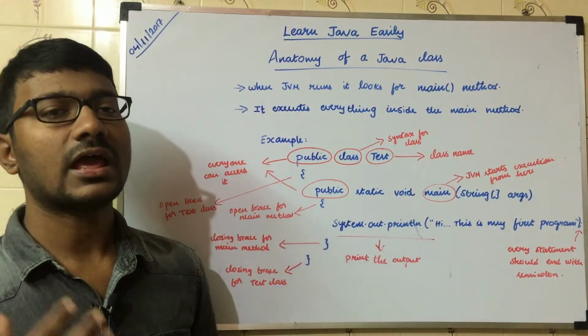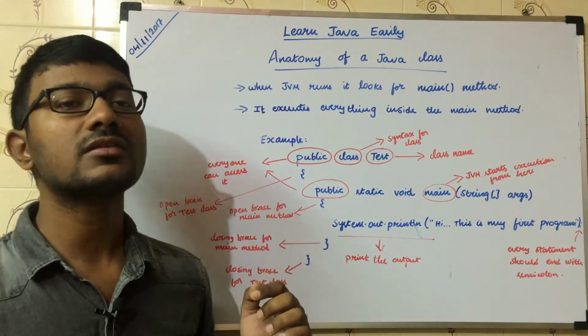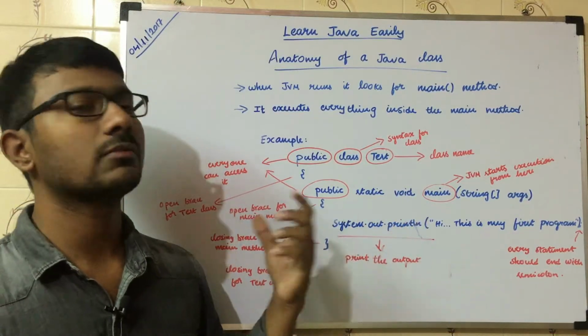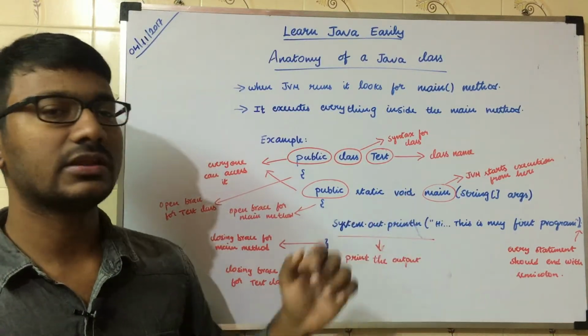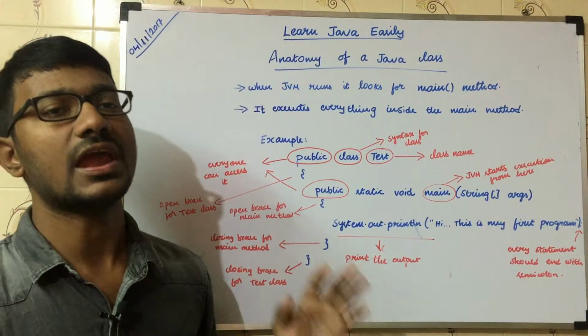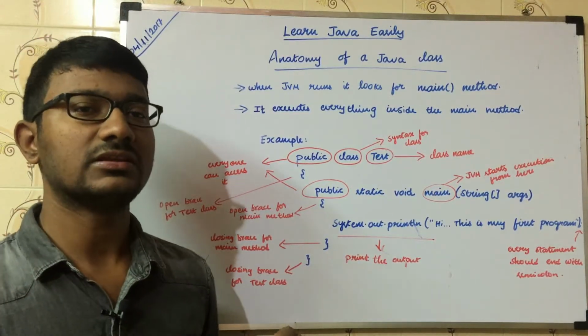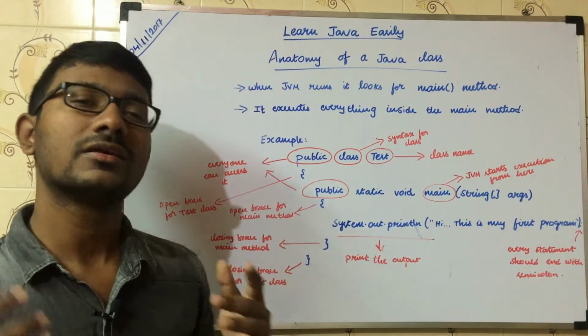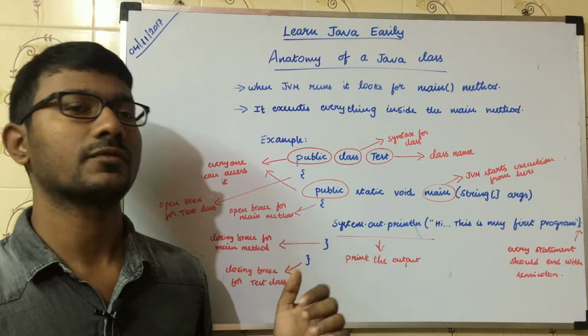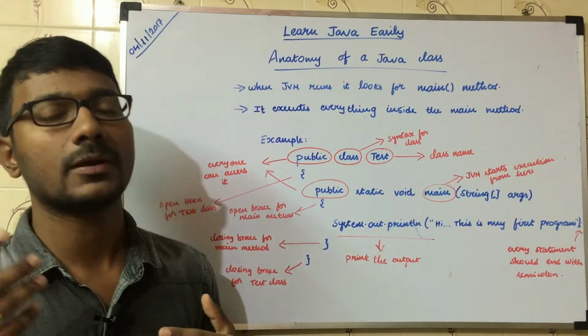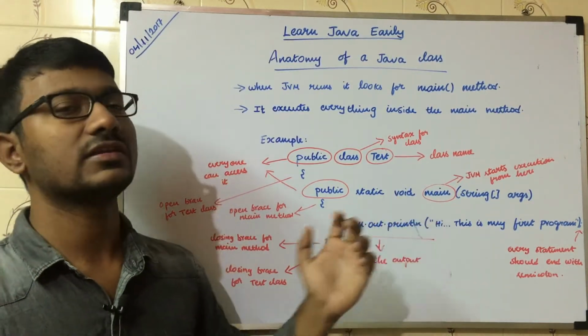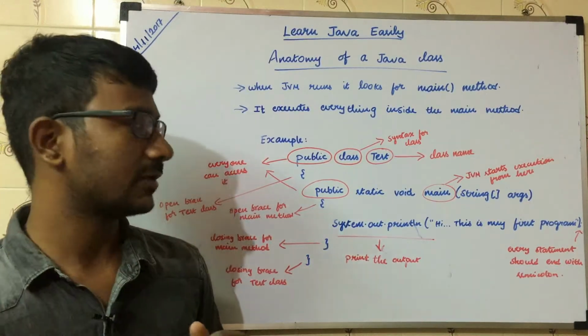Similarly, a method has that opportunity. The method returns something after doing some operations. Here, void tells that this method doesn't return anything. You can keep it as integer, float, double, or any primitive data type. We will talk more about those things in the upcoming videos. For now, just consider void means it doesn't return anything.